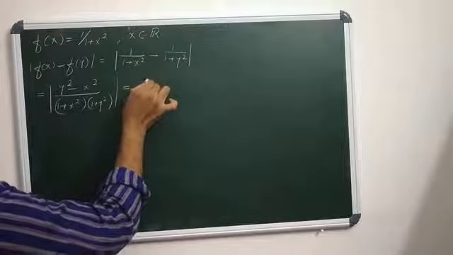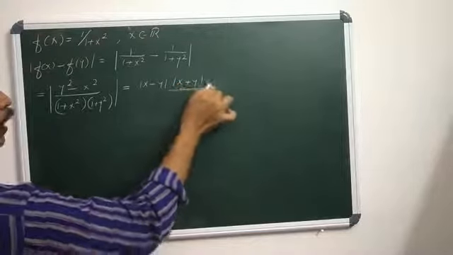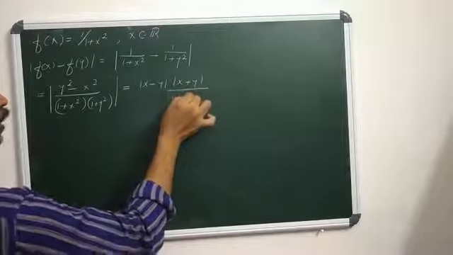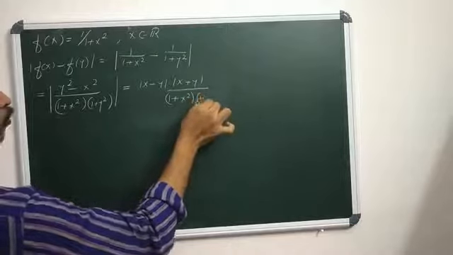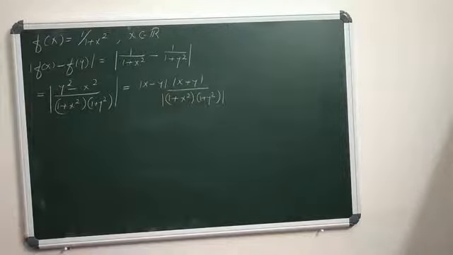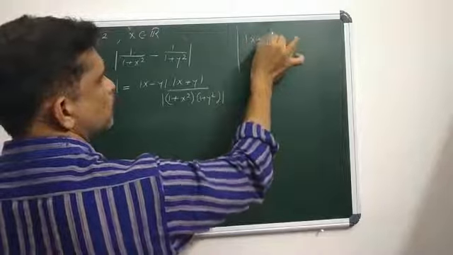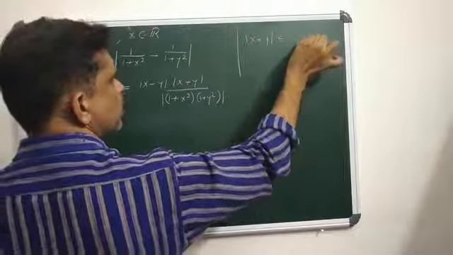That can be rewritten as modulus of x minus y into modulus of x plus y divided by modulus of 1 plus x square into modulus of 1 plus y square. But we have modulus of x plus y: mod x plus y is less than or equal to mod x plus mod y.